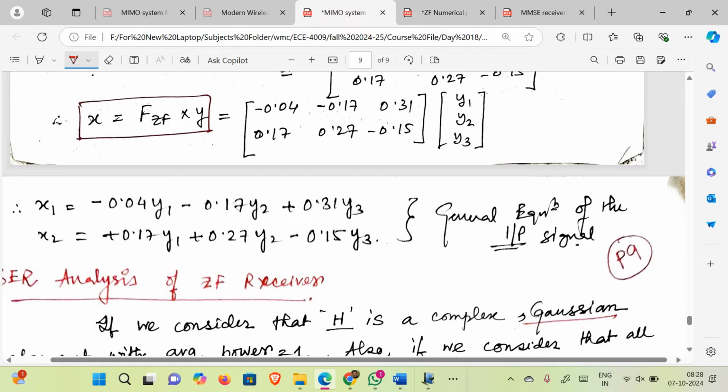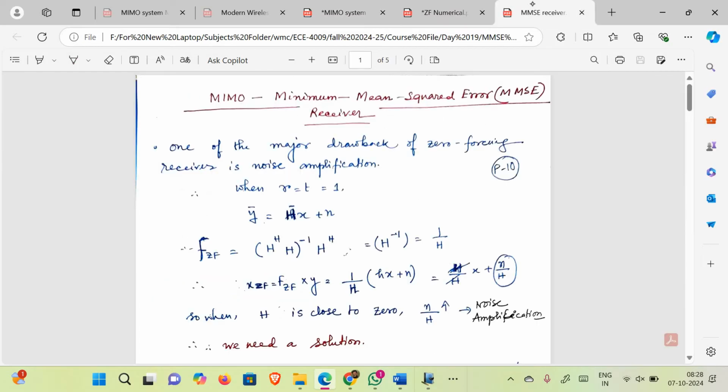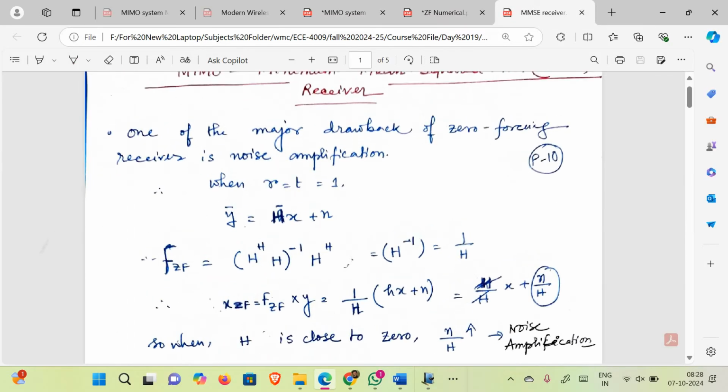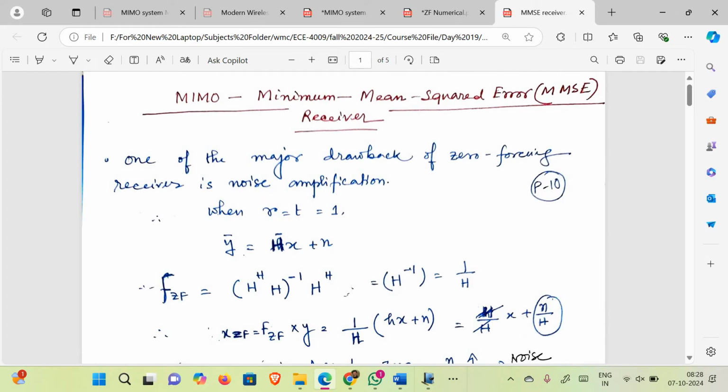Alright. The other part that we come across, which I'll just touch upon, because we don't need that much interest as it stands right now, since we already have a lot of things done. But this is for your information. This is the other one which is more advantageous, I would say, compared to the zero forcing receiver.